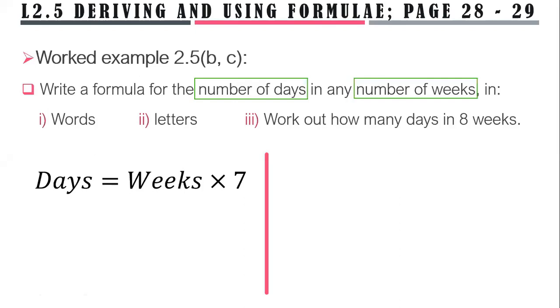Days start with which letter? D. So the best letter will be D, and for weeks, the best letter will be W. So using the letters, D equals W times 7. But we know that for multiplication, I can take out the sign and write instead 7W. That's it.